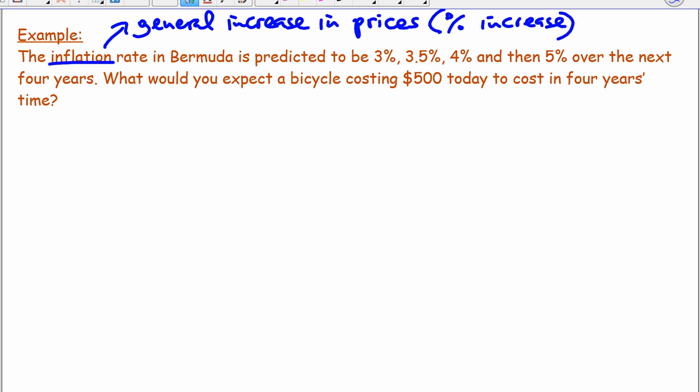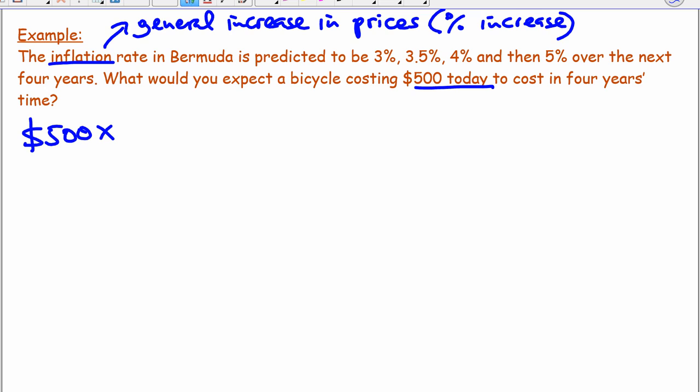So if I start from the very beginning, right now a bicycle is costing $500. And what I want to do is find what the price of this bicycle will be in the next 4 years by taking into account this percentage increase.